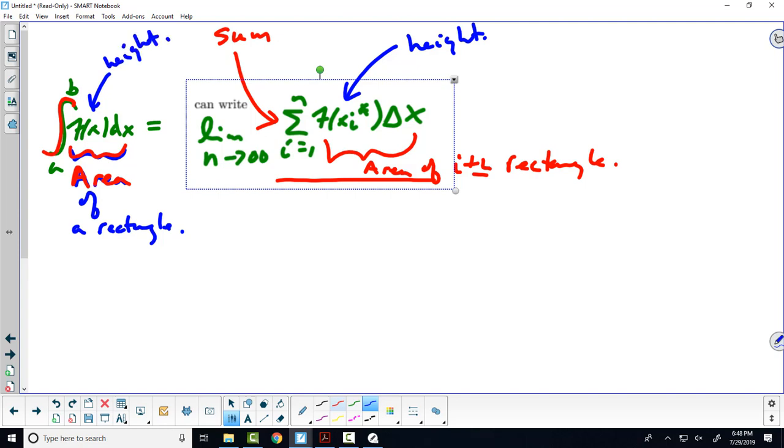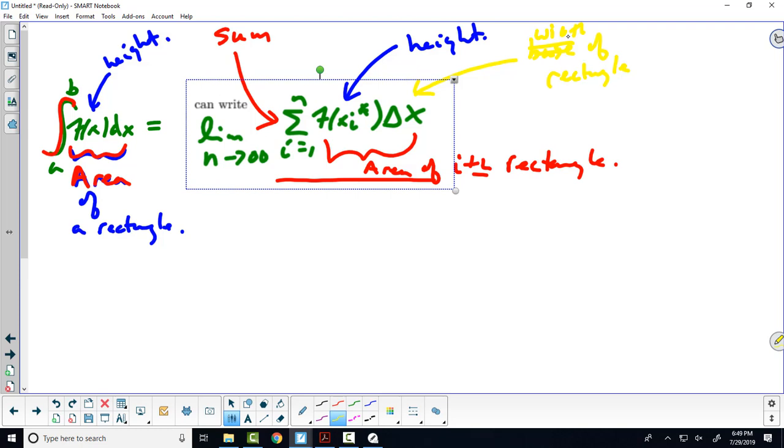Do you see how everything's lining up, this choice of notation? And so then what was delta x here? It was the base of the rectangle. Or let's go ahead and just say the word width, because I'll sometimes use that more.